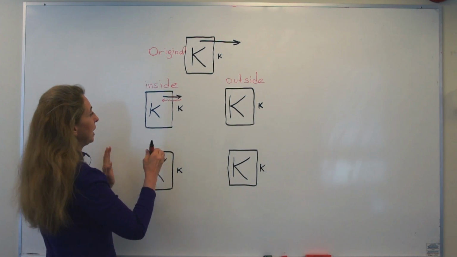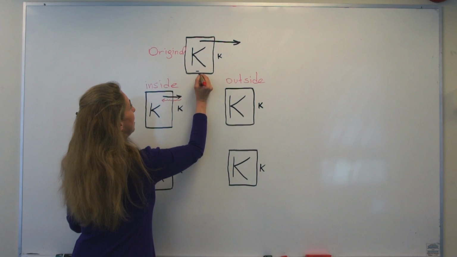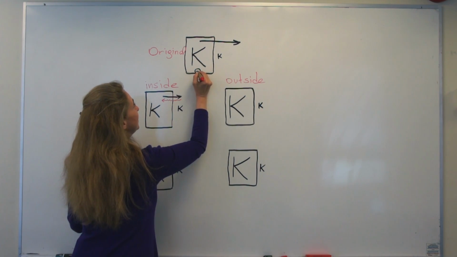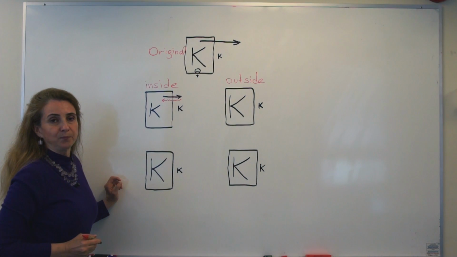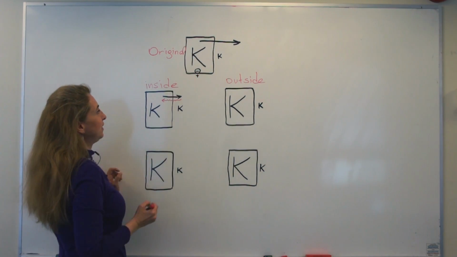Whenever we are talking about a cell's membrane potential, we always refer to the inside of the cell. So, for the original cell, the inside is negative.